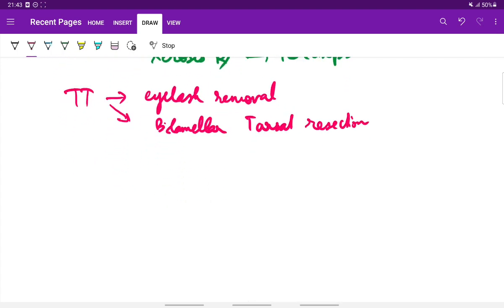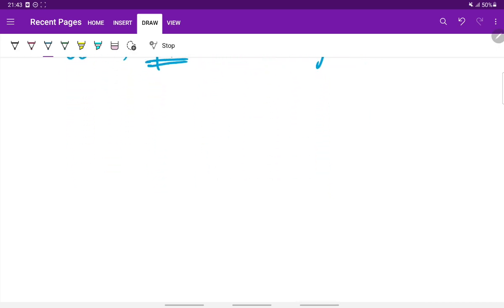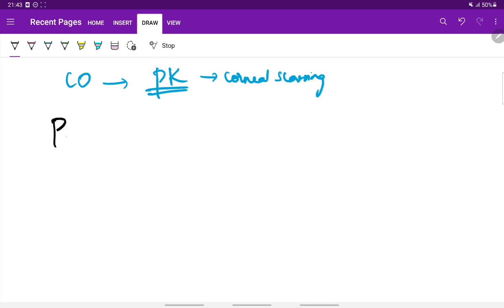Next, for the stage of trachomatous corneal opacity, treatment is penetrating keratectomy and penetrating keratoplasty. This is performed for corneal scarring. This is the treatment. Now the prophylaxis.